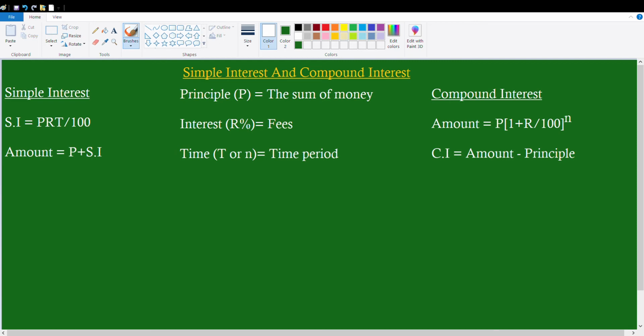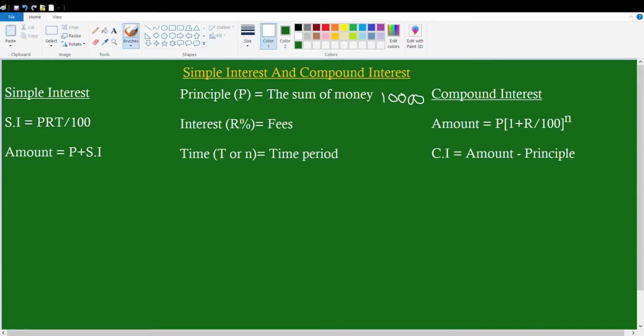Why is it expressed in percentage? Because we have to pay fees for every 100 rupees in that principal. For example, I will take 10,000 as the principal. So, I have to pay fees for every 100 rupees in that 10,000 every year.